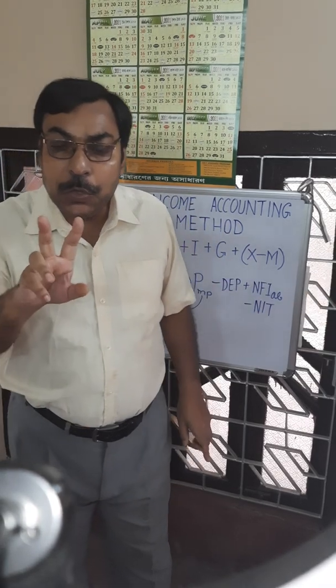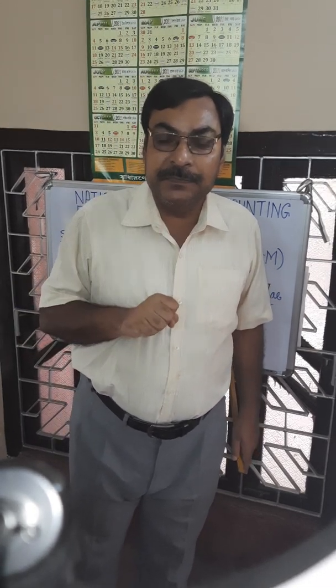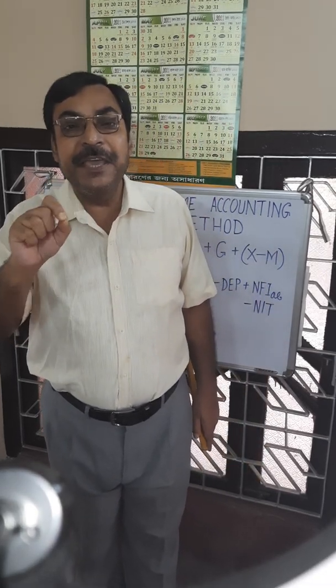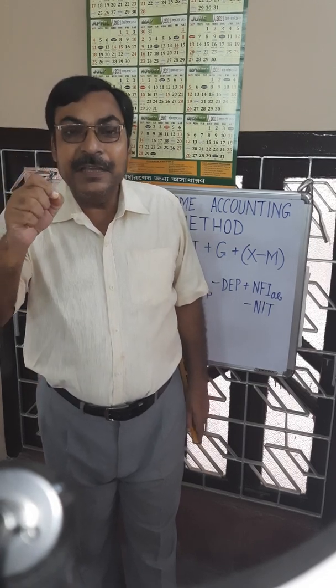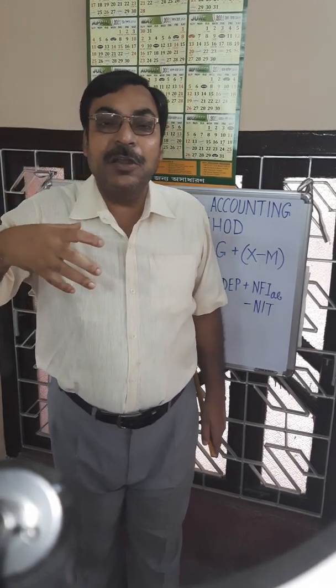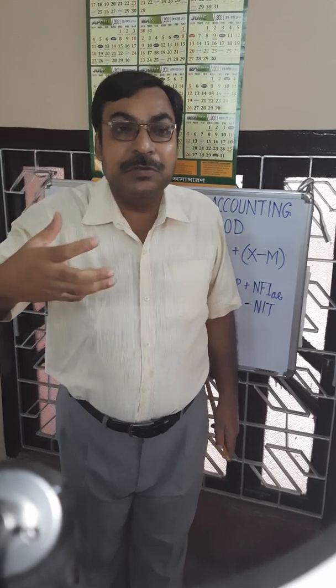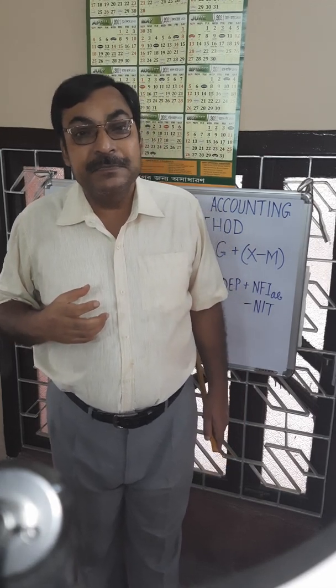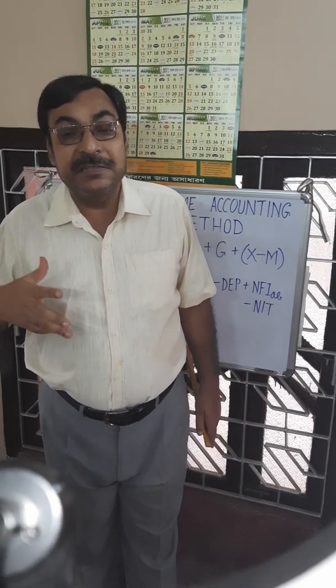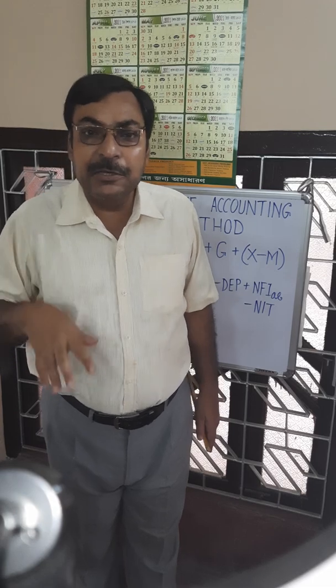There are two components of gross domestic capital formation. Component number one, gross fixed capital formation. This includes expenditure on durable producers' goods, or durable assets of the producers. Plants, machinery, building, these are included in it.